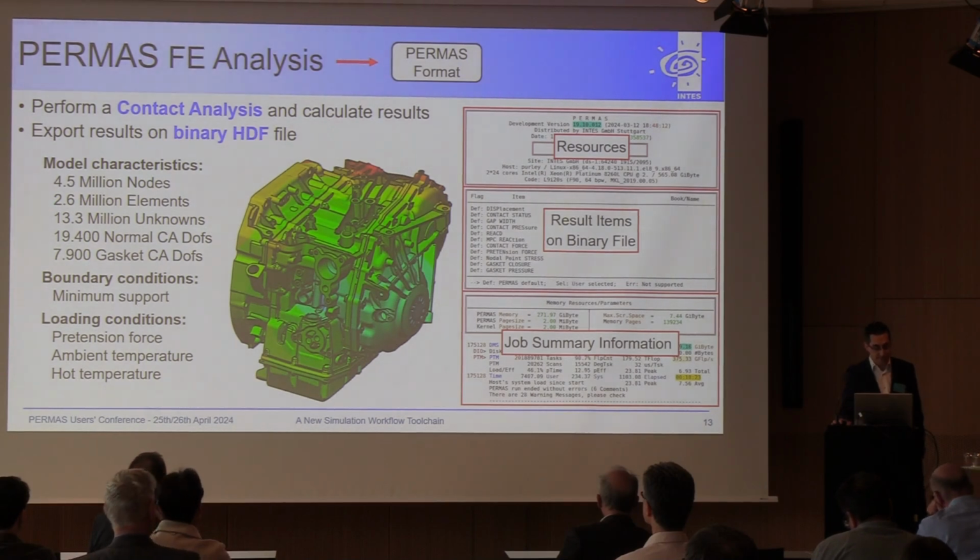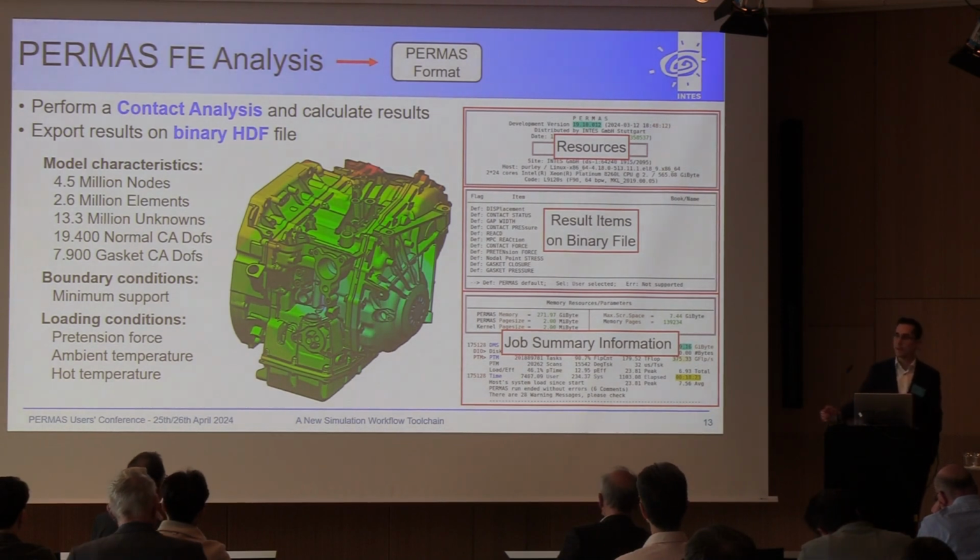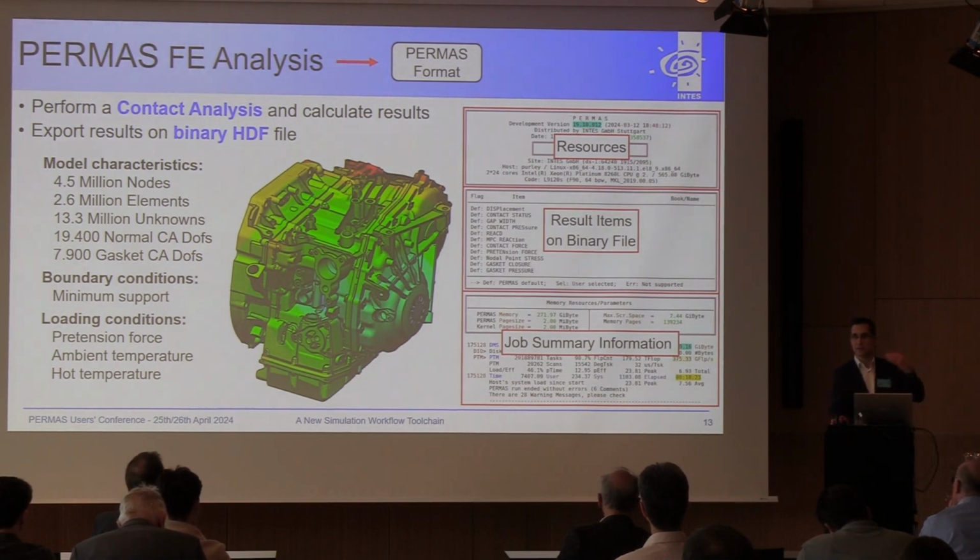As you remember, I said something about the interfaces, and now I skipped from VisPER to PERMAS by directly sliding. I want to mention that there is no real interface between VisPER and PERMAS because it's set on top of VisPER. It's just a graphical user interface, and we live all in the same PERMAS world with the same PERMAS DAT file.